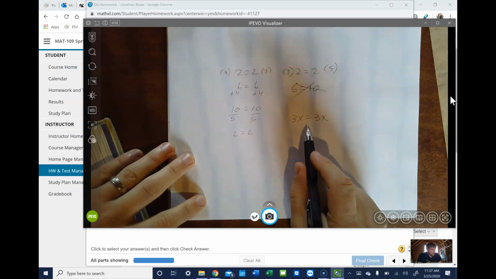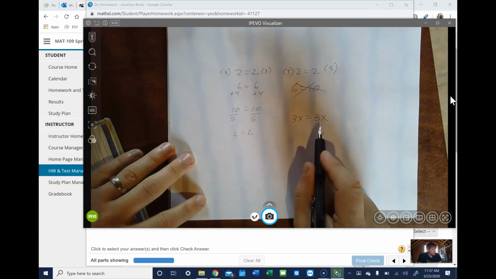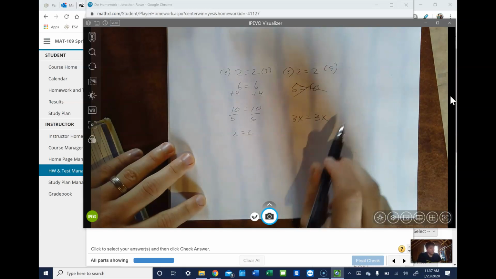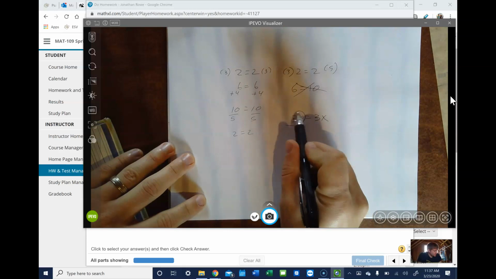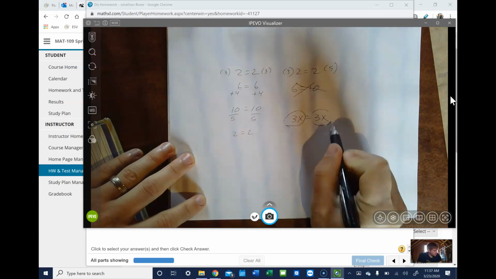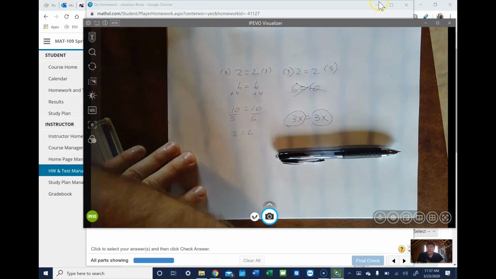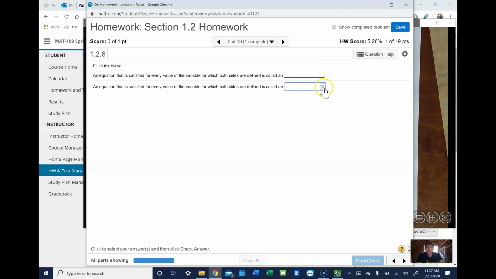We're going to get 3 equals 3. Let's plug 5 in. We're going to get 15 equals 15. Let's plug 100 in. We're going to get 300 equals 300. We're going to get the same thing on both sides no matter what we plug in for x. And the reason is because the left side of the equation is identical to the right side of the equation. They form what's called an identity. So it's called an identity equation.